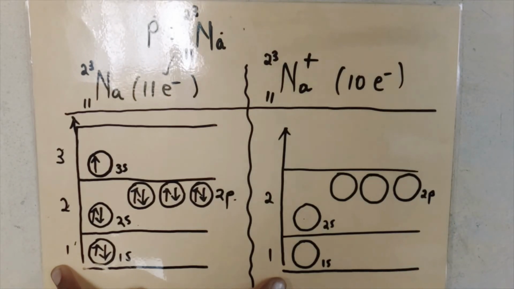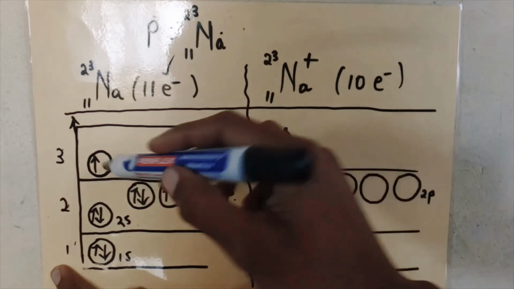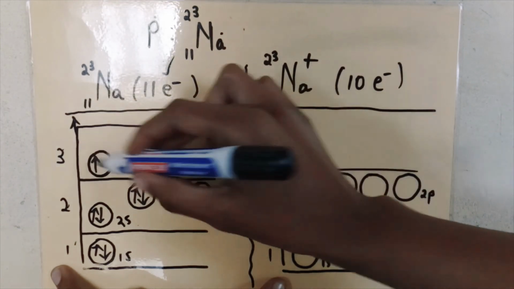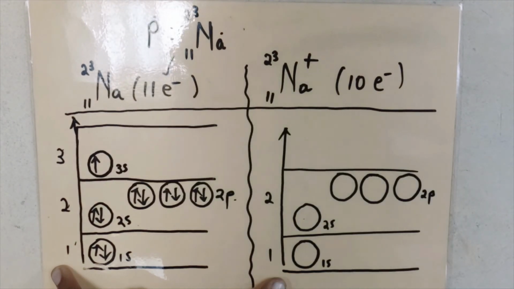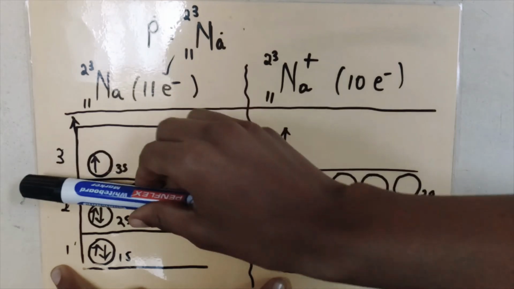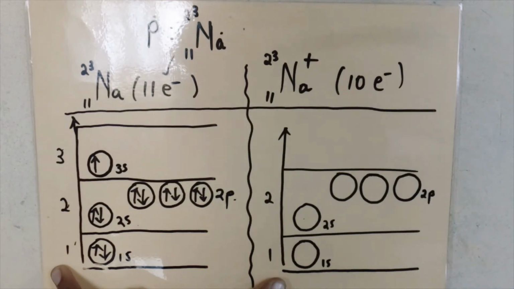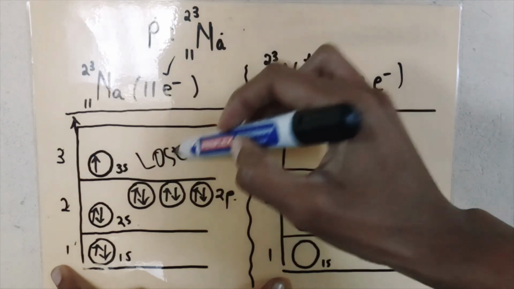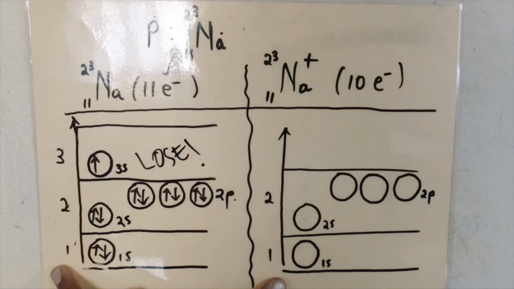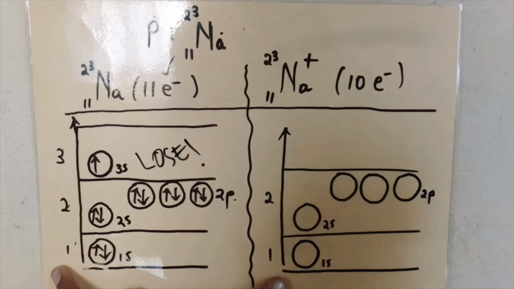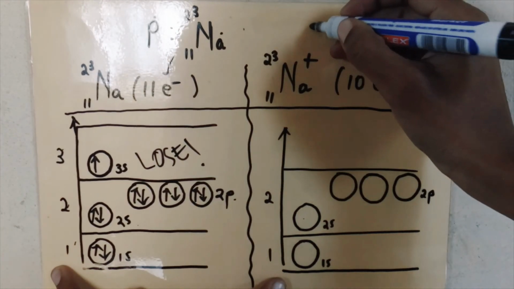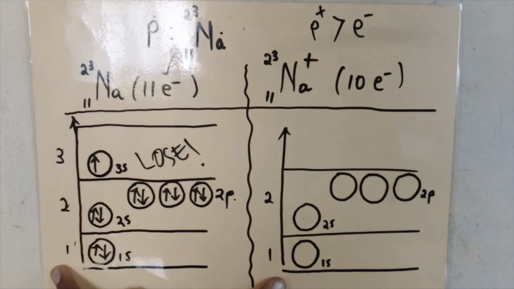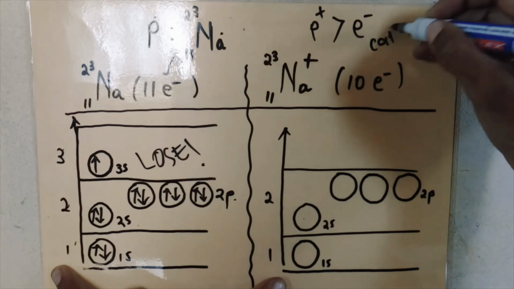So now sodium, because it's in group 1, its valence electron is 1. So valence electrons, those are your outermost electrons that you find in your outermost energy level. So the outermost energy level is level 3. So it has a tendency to actually lose this electron. When it loses that electron, it means that the number of protons will now be greater than the number of electrons, meaning that it will become a cation.